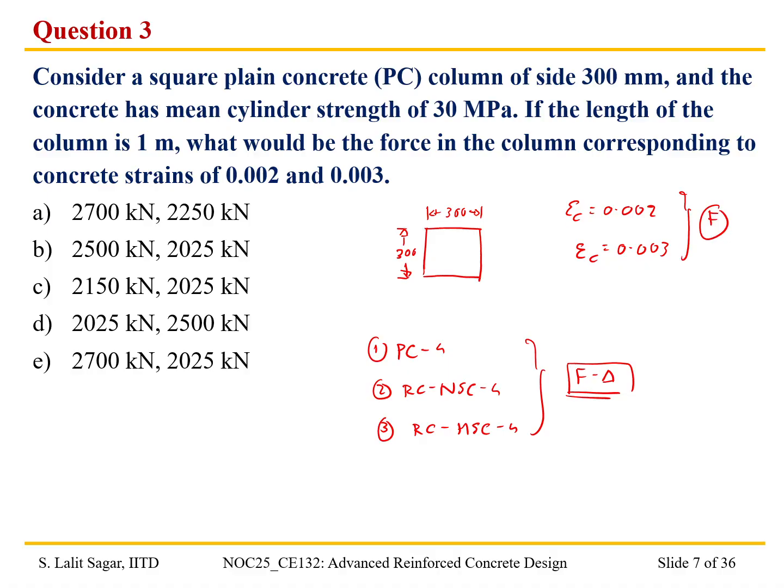If any of the participants are able to solve the problem, I encourage them to solve it and type the answer in the chat box, or they can even unmute themselves and let me know what is the correct answer.